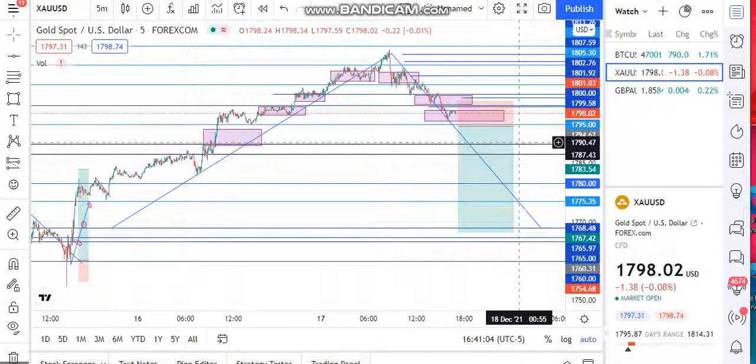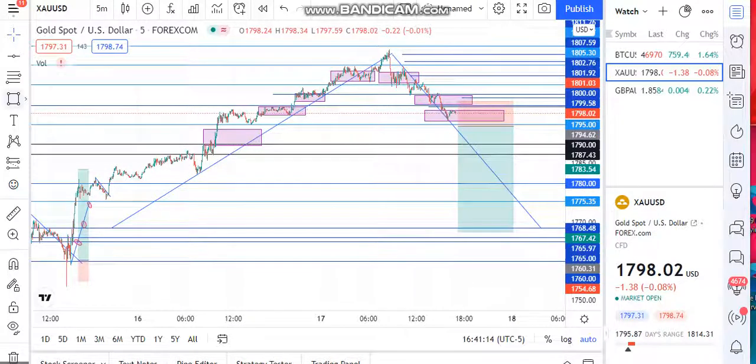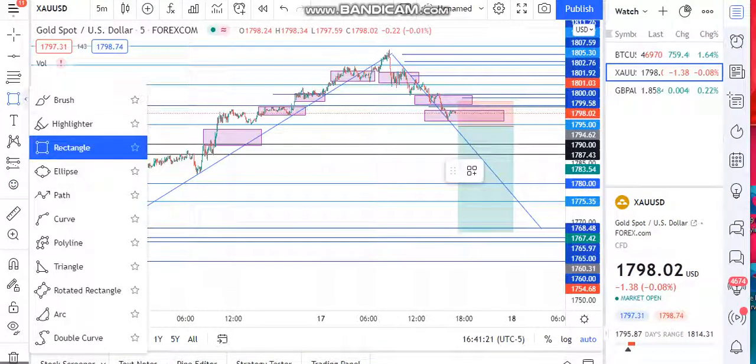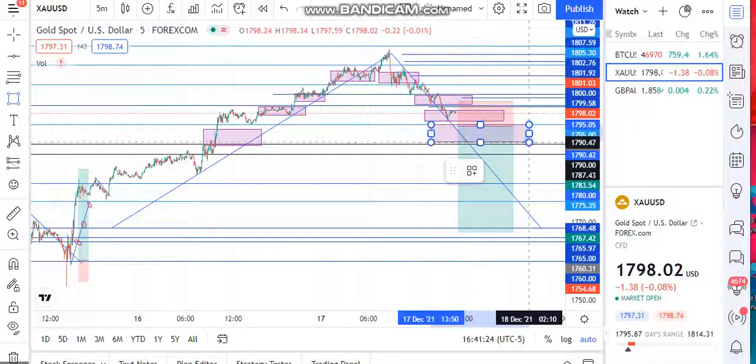That's the next key level after 1795, which is where it's at. It's at 1798. It's going to go to 1795, then to 1790 eventually. So these are the next areas. You can draw rectangles and call them your zones that price likes to go to.